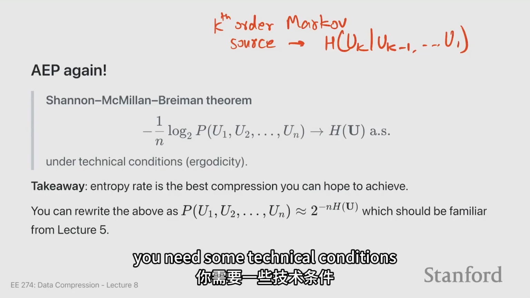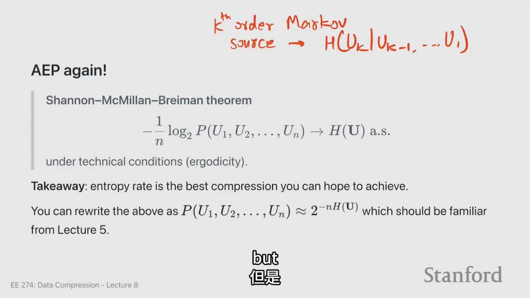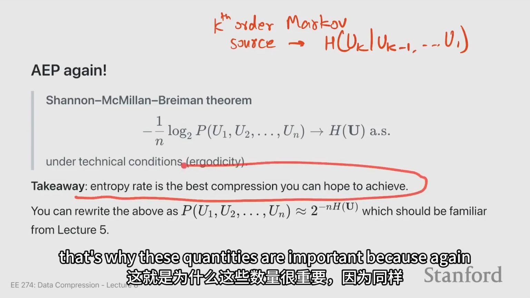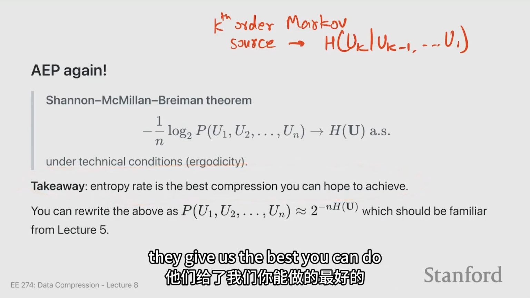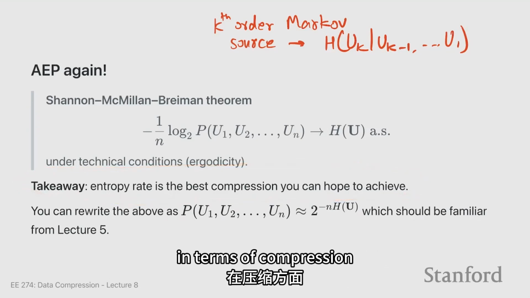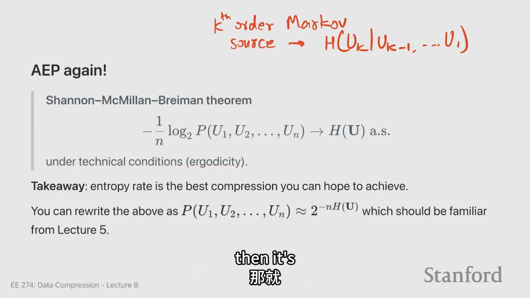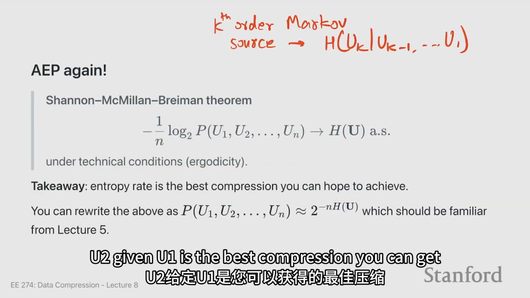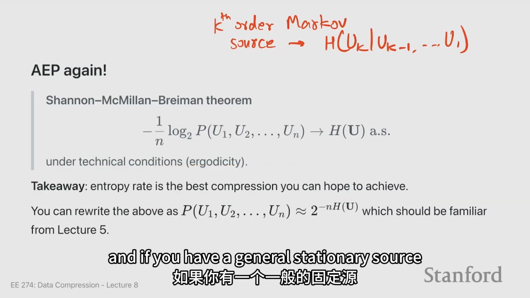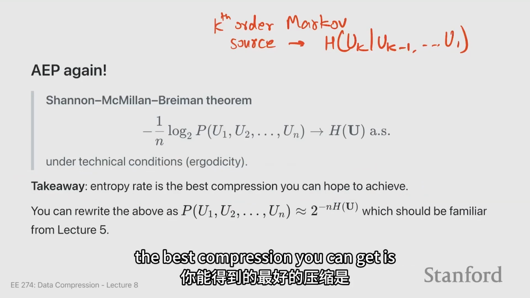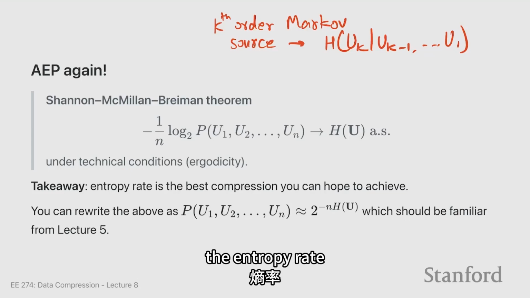You need some technical conditions which we won't go into. But that's why these quantities are important, because they give us the best you can do in terms of compression. If you have a first order Markov source, then H(U2 given U1) is the best compression you can get. And if you have a general stationary source, the best compression you can get is the entropy rate.